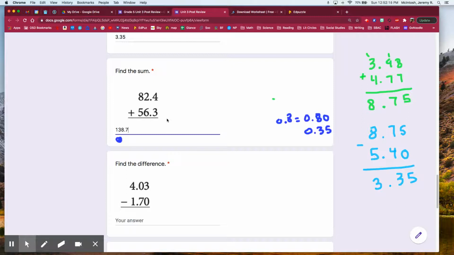So that's 138 and 7 tenths. Let's just double check that, shall we? 82 and 56.3. 7, decimal comes down, 8, and 8 plus 5 is 13. 138 and 7 tenths. That's what we got.